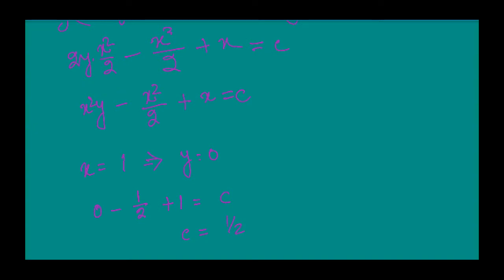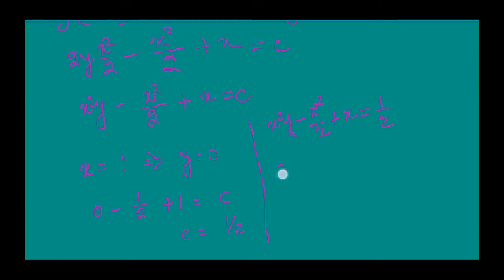So the solution can be given as x square y minus x square by 2 plus x is equal to half.